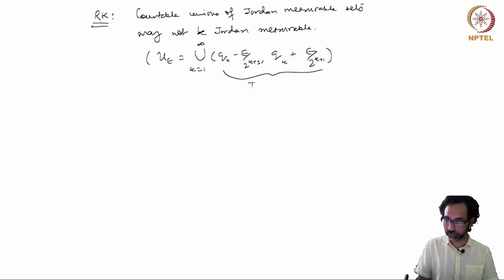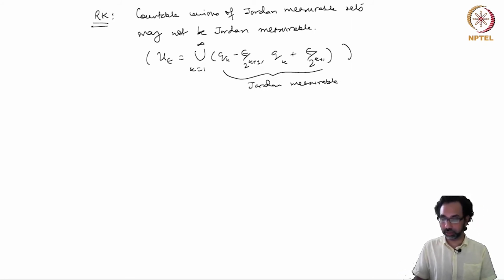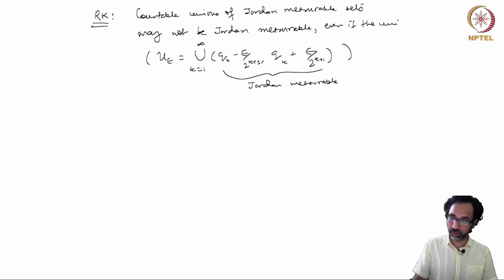So each of these is just an interval, so it's a Jordan measurable set, but the union is not Jordan measurable even if the union is bounded. In this case the union is of course bounded.